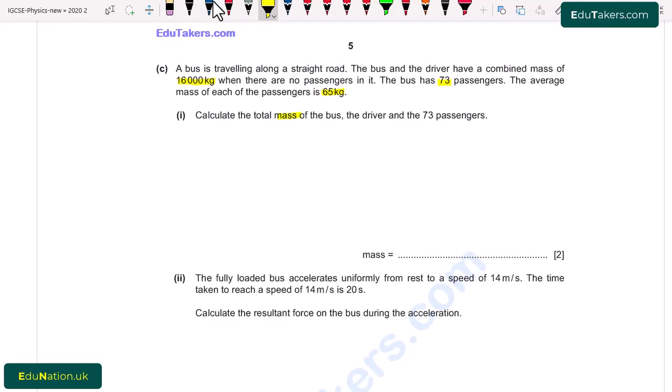Here we have to calculate the total mass of the bus as the bus contains the driver and also passengers. So we have to add the mass of each of them.